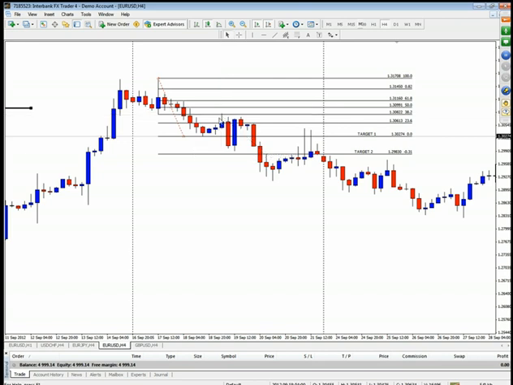Now, where would your stop have been? You can look at two things here. You can look at the most recent swing high, somewhere up here. In this situation, the stop would have been about 100 pips. Or if you want to reduce your stop loss a little bit, this is why we put in the 82 level.